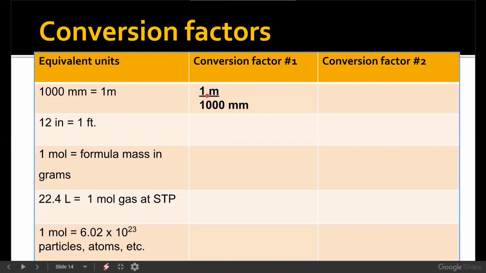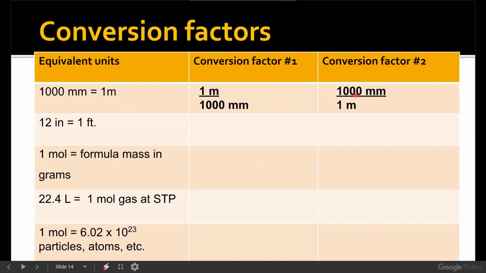We can write 1 meter over 1,000 millimeters, or you can flip it and make 1,000 millimeters over 1 meter. This works because 1 meter is 1,000 millimeters, and if you divide something by itself, it equals 1. So it doesn't matter how you flip it.